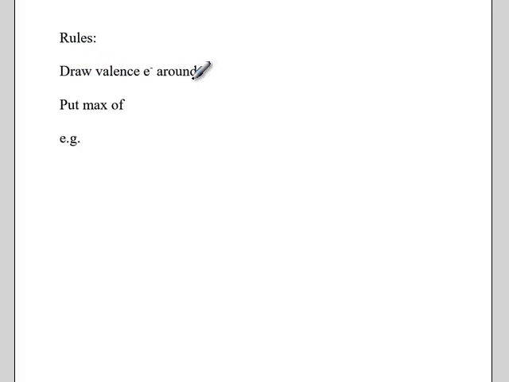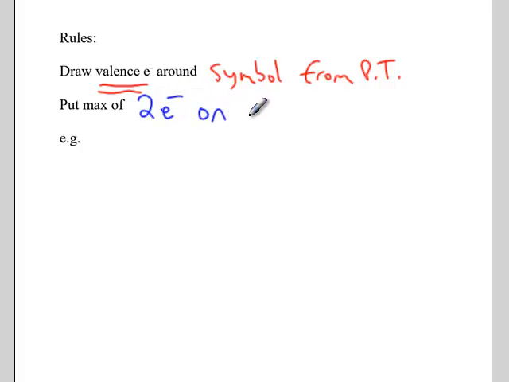The first rule is you draw just the valence electrons, not the core electrons, not the total electrons, but just the valence electrons around the symbol from the periodic table. And when you do that, you can only put a maximum of 2 electrons on each of the 4 sides.